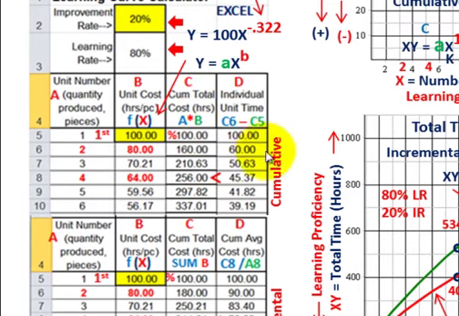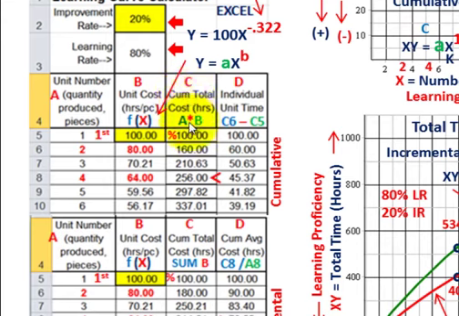For our cumulative model, all we're doing is taking whatever quantity we have in our A column, times whatever our unit cost would be in our B column. So looking at, say, an output of 2 units times our unit cost of 80 hours, that's going to equal 160, and so forth. 3 times 70 gives you 210, and so on. That's our cumulative total time.